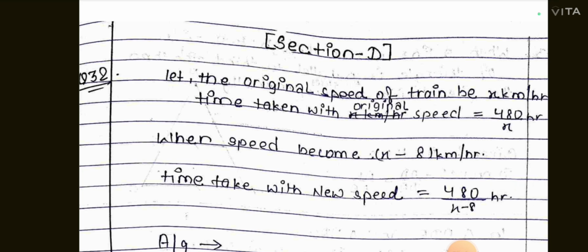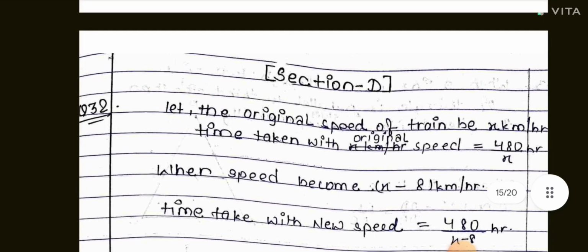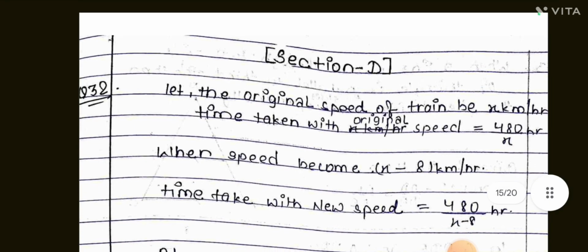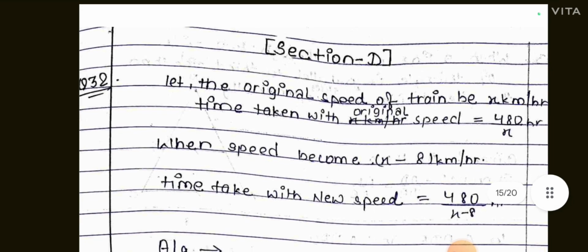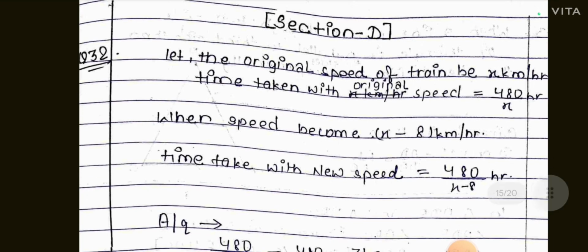The question is saying that if the speed of the train is reduced by 8 kilometer per hour, then it will take 3 hours more. So if we take the original speed of the train as x kilometer per hour and total distance to travel 480 kilometer, time taken equals distance by speed, means 480 by x hours. When speed is reduced by 8, the new speed of the train will be x minus 8.